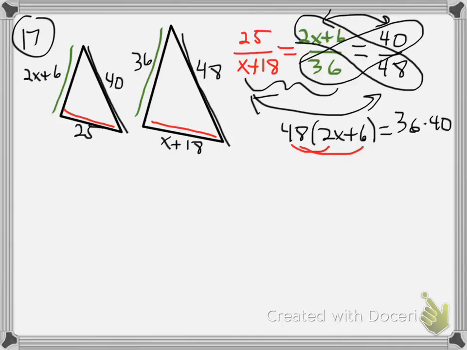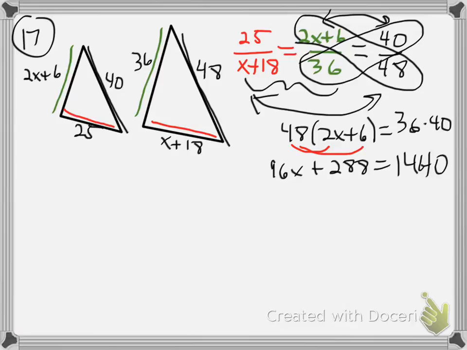So now be careful because a 48's got to go times both of those parts. So when you do that, that gets you 96 x's plus 288, if I'm not mistaken. I'm going to check that on the calculator. 48 times 6 is 288. I'm good. And then there's 36 times 40, and that's 1440.